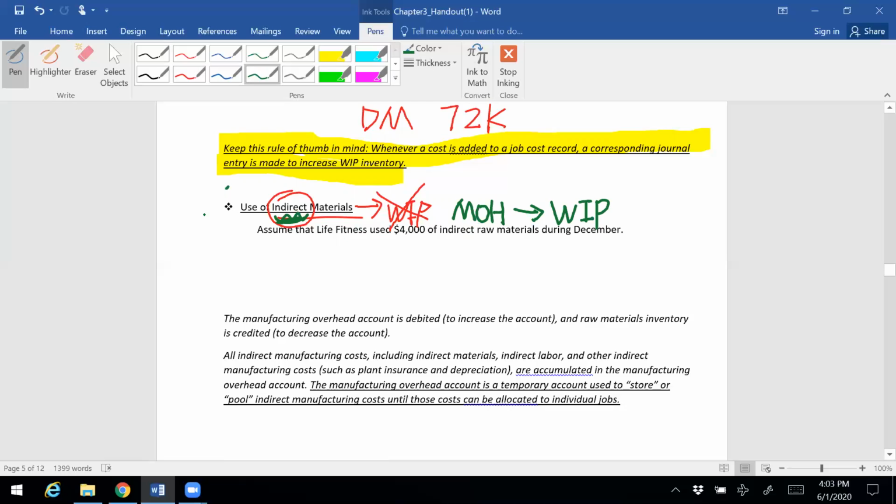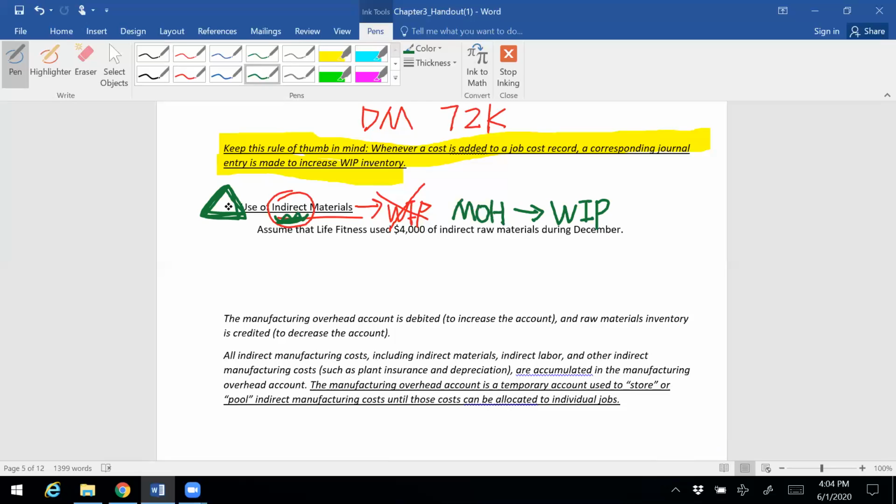This is very important for indirect material and indirect labor. Direct material and direct labor go to work in process directly, because you know they are specifically related to that job. But for indirect material and indirect labor, you do not know how much should go to that specific job.